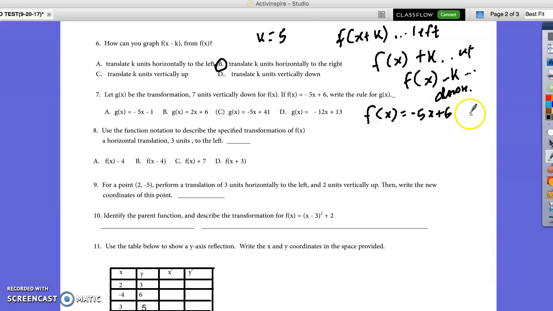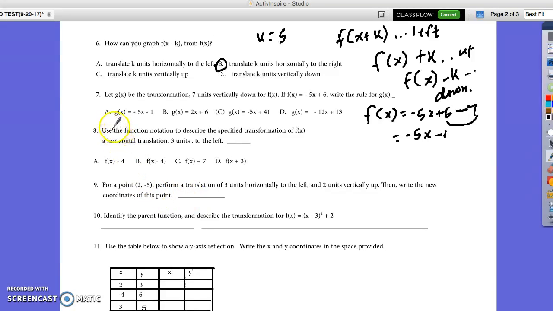No. 7 units down is just going to be minus 7. So it's going to influence this 6, and the like terms will give us 6 minus 7 would be negative 1 for that one. So that would be option A. Okay, if it were 7 units up, then you do what? Plus 7.